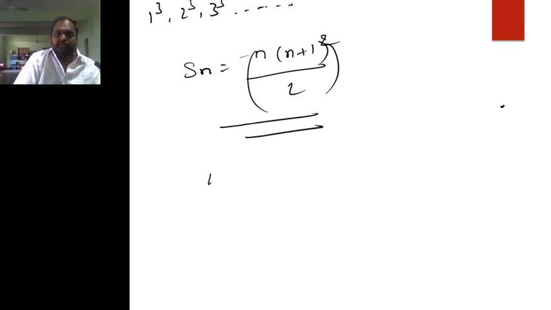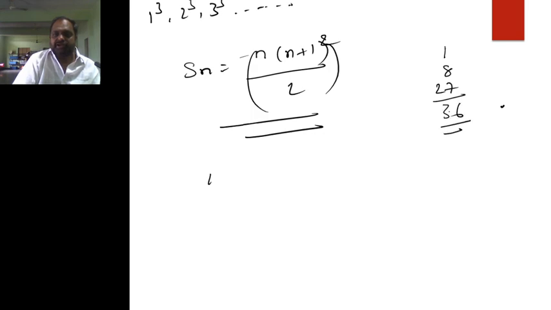Next, Aryabhata also gave a formula for cubes, 1 cube, 2 cube, 3 cube, this series. The sum of n terms formula is n into n plus 1 by 2 whole square. Suppose you want to add 1 cube, 2 cube, 3 cube. 1 cube is 1, 2 cube means 8, 3 cube means 27. 27 plus 1, 28, 28 plus 8, 36.